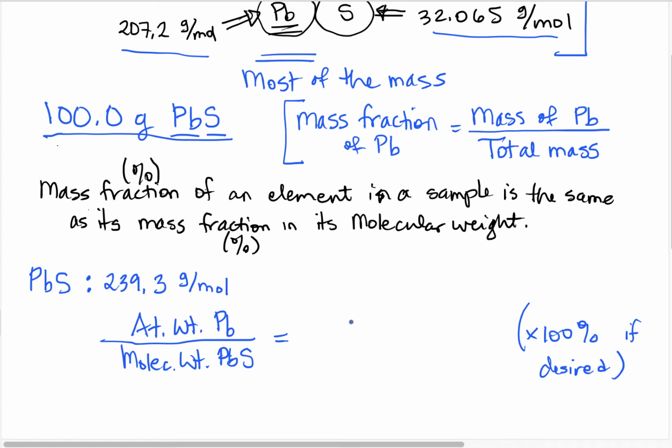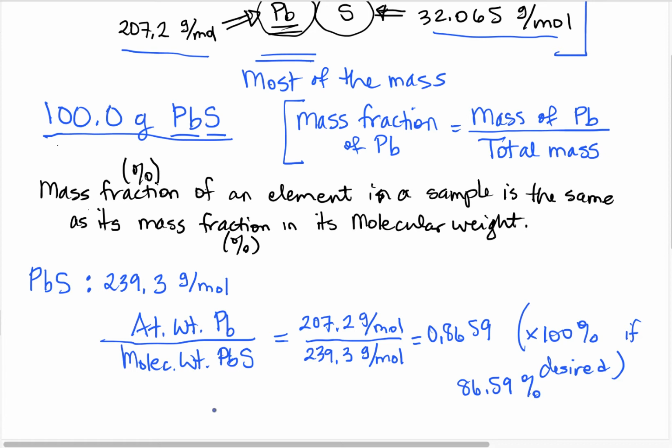Okay, so if we put those numbers in, 207.2 grams per mole divided by 239.3 grams per mole, then we will get 0.8659, or in other words, 86.59% if you want to go into percents. So if you look at your 100-gram sample, I picked 100 grams because I can divide it up the same way as the percent.